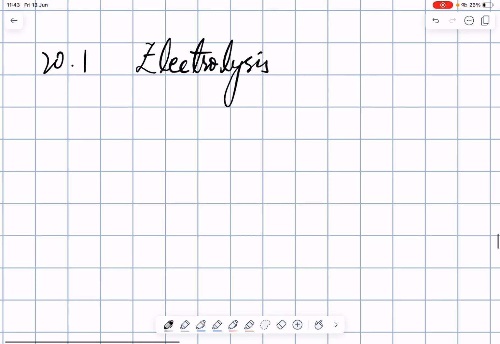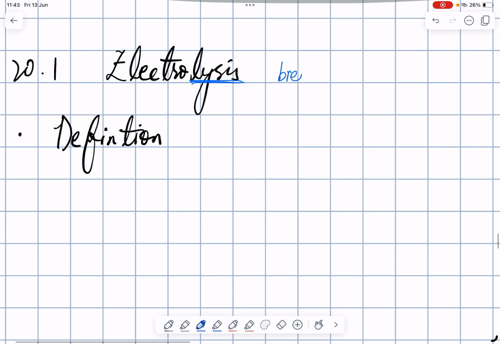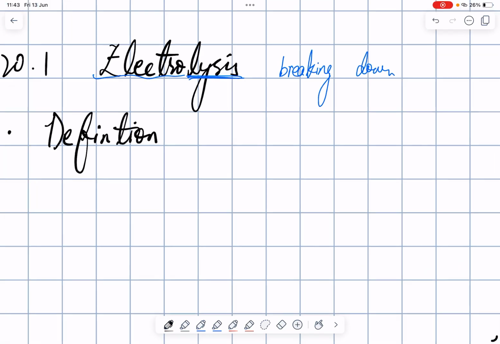Electrolysis. First, we have to talk about the definition of electrolysis. Lysis is the word, means breaking down in Latin, and electro is just electricity.